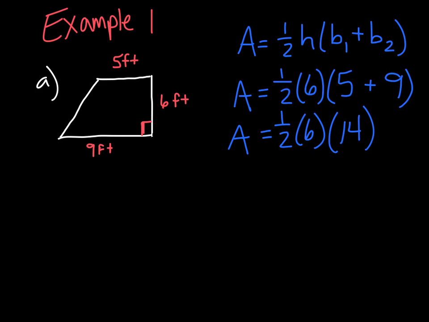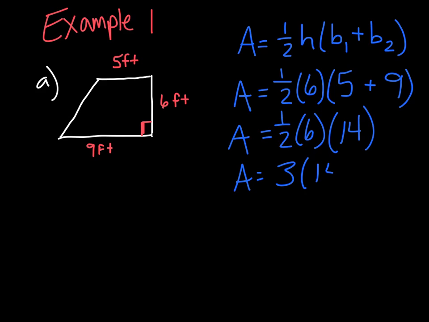So I'm going to leave that there. Now I go back. I did what was inside my parentheses. Order of operations tells me to do what's in order next. 1/2 times 6 times 14. So 1/2 times 6 could either be 6 divided by 2 or 1/2 times 6, and it equals 3. Basically, you're splitting 6 in half.